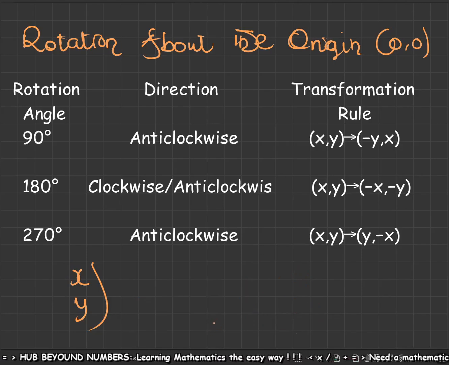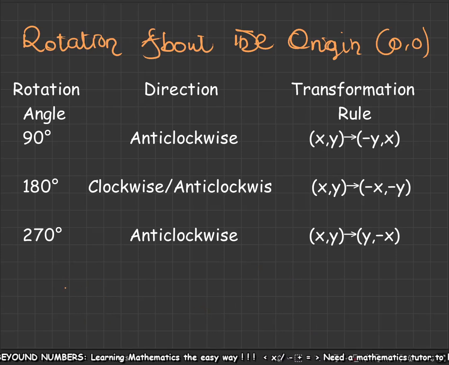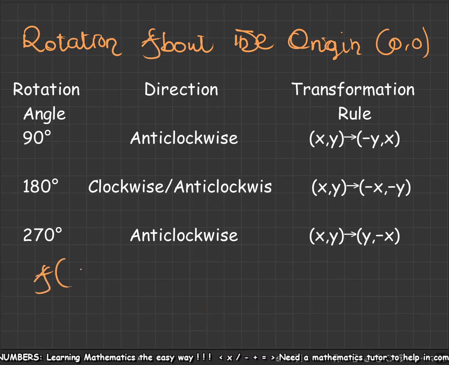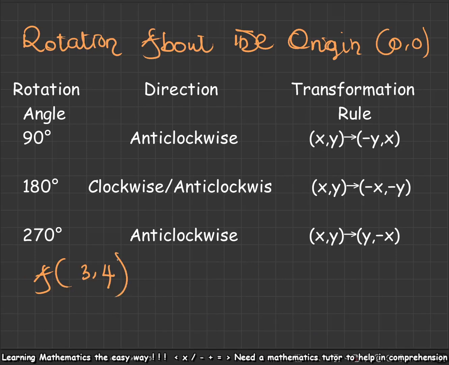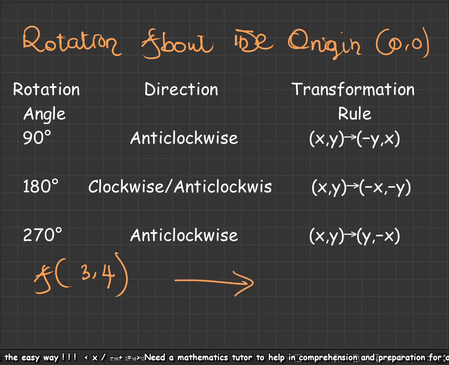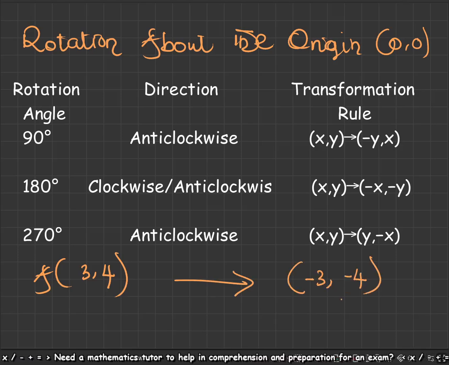So taking the same point we used earlier, A being 3, 4, if you want to rotate this about 180 degrees, it is going to be negative 3 and then negative 4. Once again, if our rotation angle is 180 degrees, it is just the same coordinates but with negative signs.